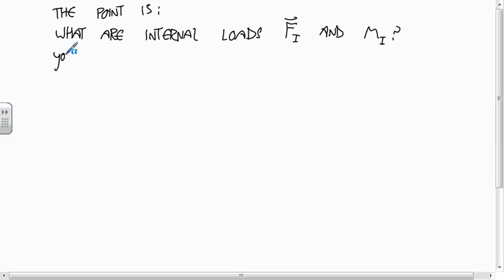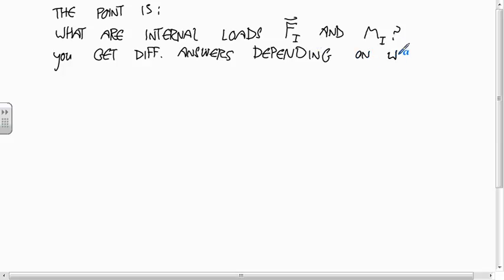You get different answers depending on which side, left or right, you work from.